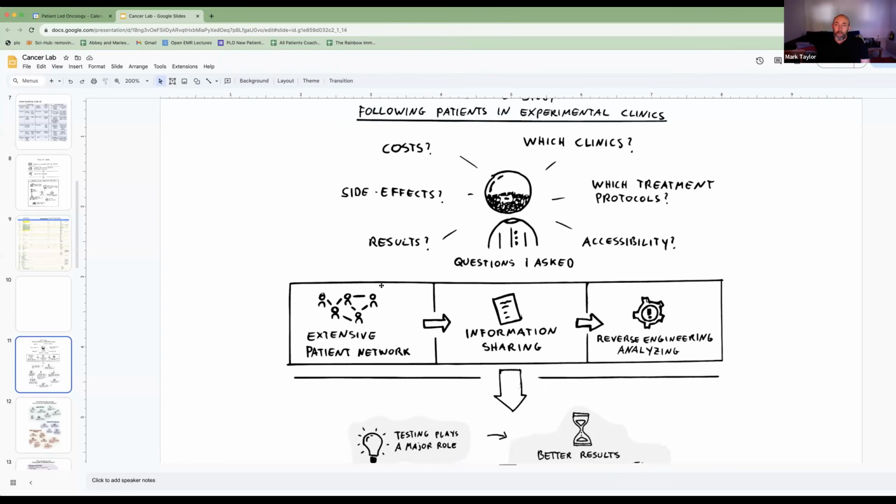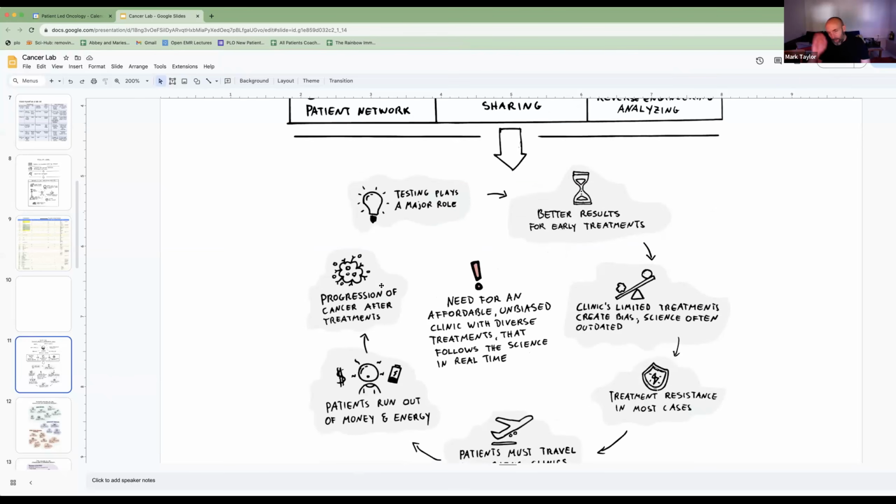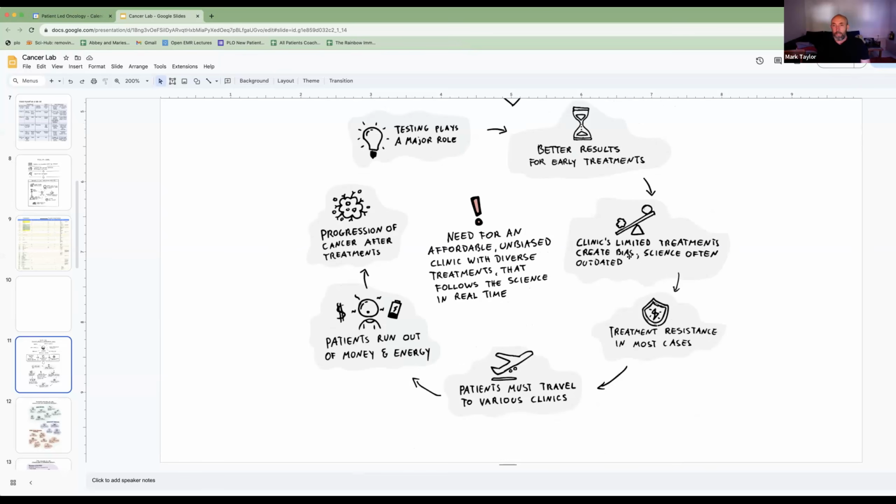I also captured who was doing well. Testing is really important, and starting the treatments early in the treatment plan is very important. And there was a realization that more than 50% of the clinics had a very limited range of treatments. So patients were going to see what they considered an expert, but really they're only an expert in what they offered.